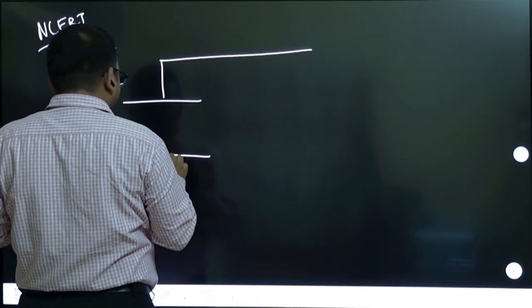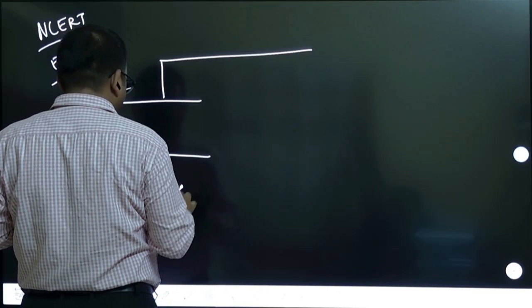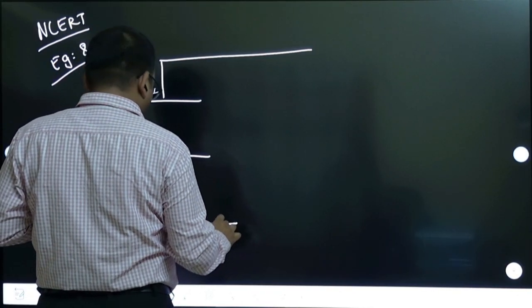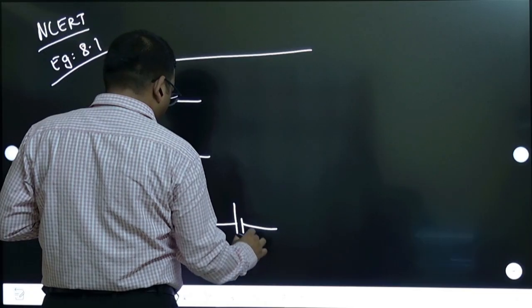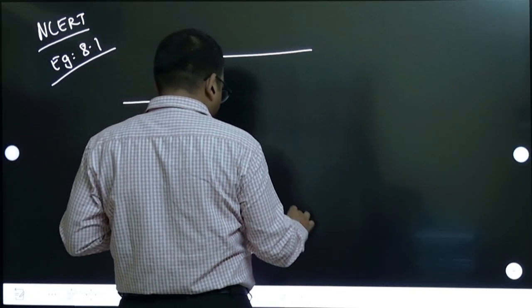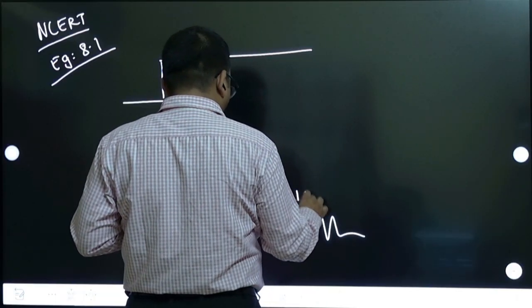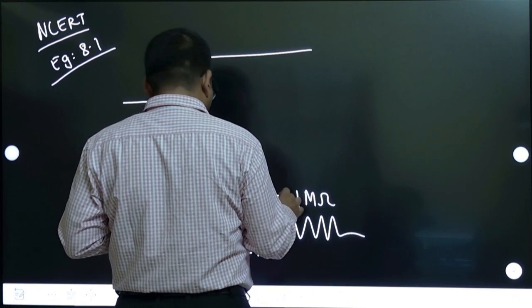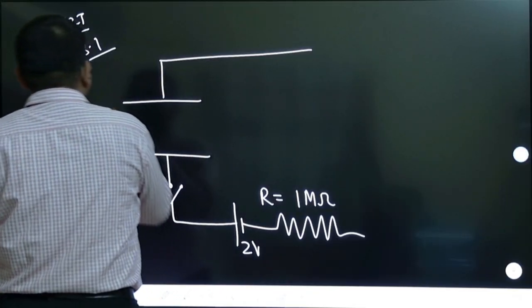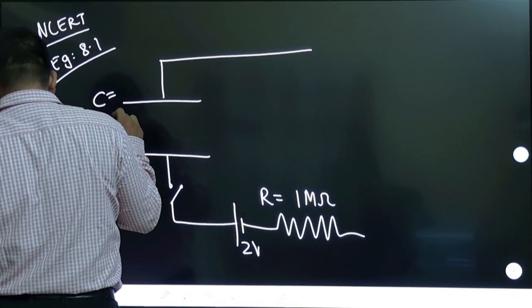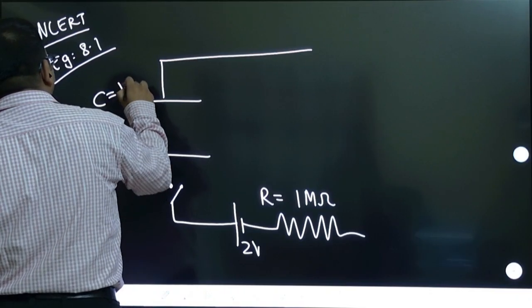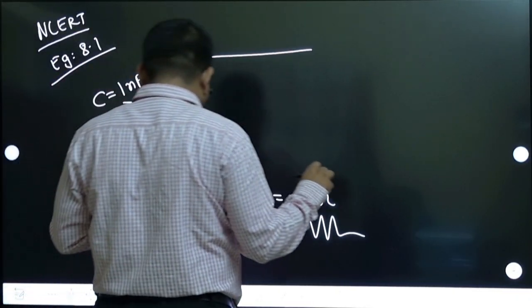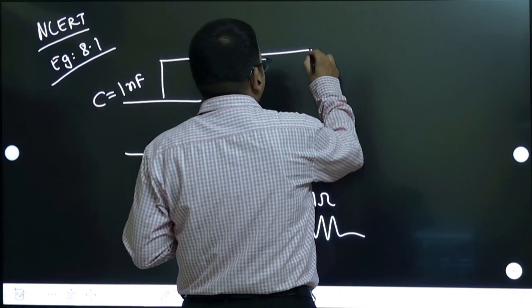They are saying that there is a capacitor, and this capacitor is connected with a switch and a battery of 2 volt, and there is a resistance here of 1 million ohm, or 1 mega ohm. This is the resistance, and this is the capacitor. The value of the capacitor is 1 nanofarad. The capacitance value is given, and this is connected.